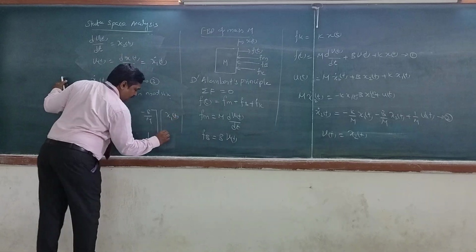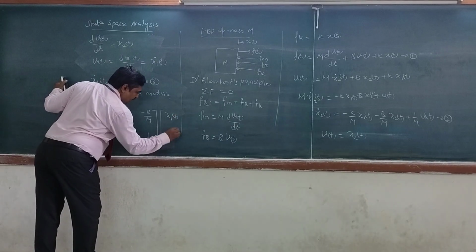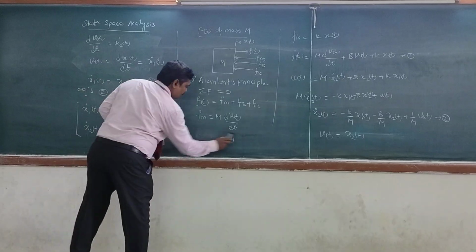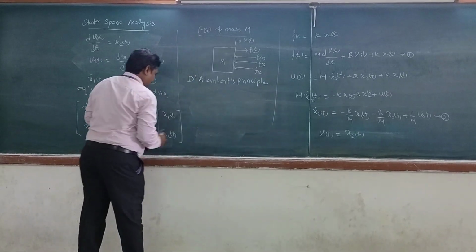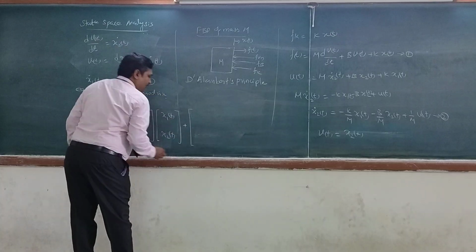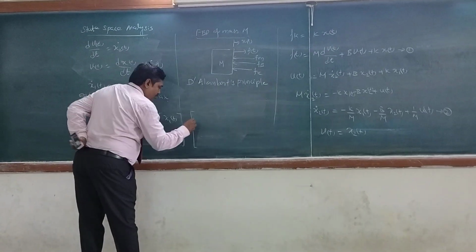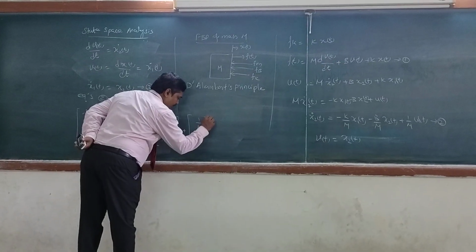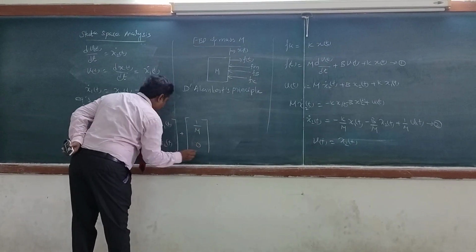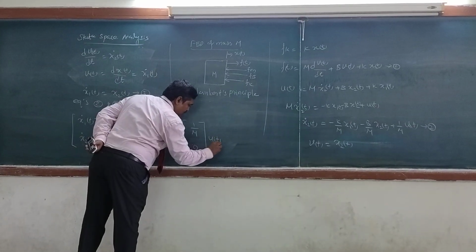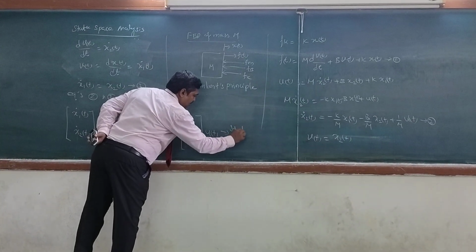So x1 of t, x2 of t, plus from equation 1 the u coefficient is 1 by m. For equation 3 there is no u term, input term, so put 0. So this is the state equation.